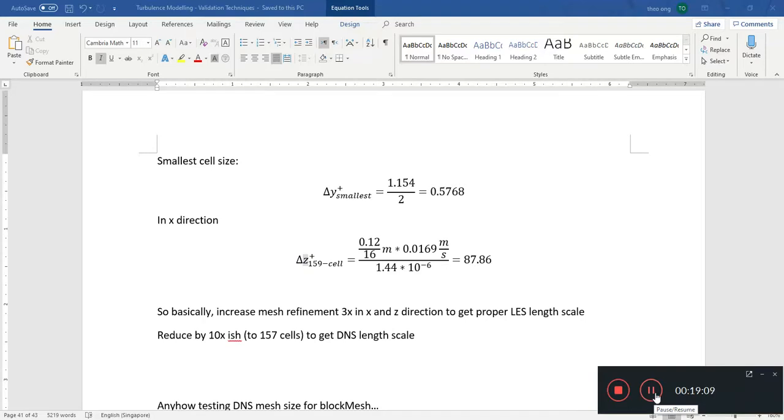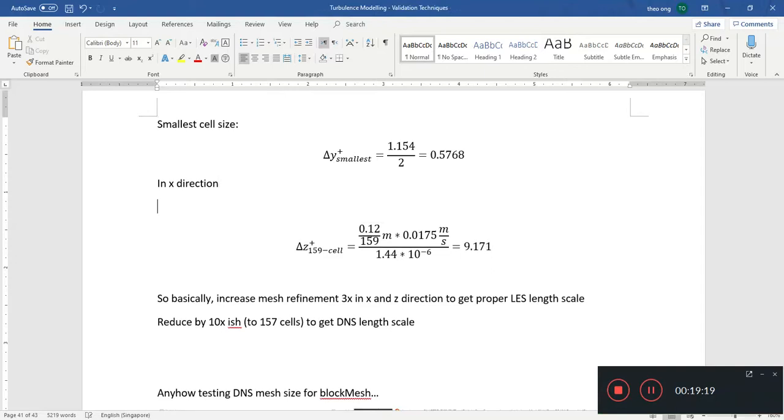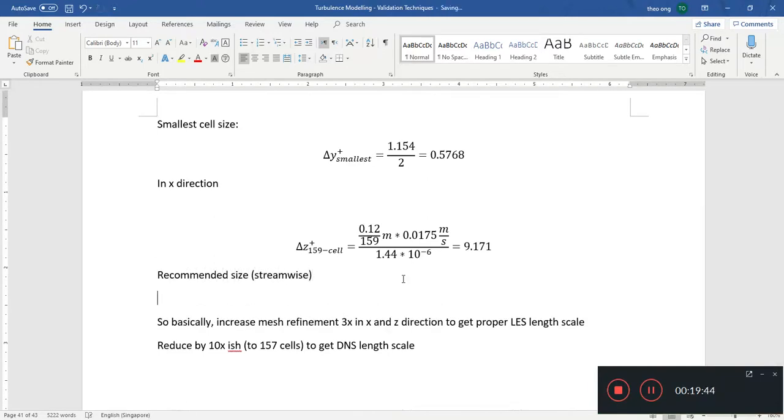If you just punch in the numbers, that will give you about 9.171, which is pretty okay. Maybe you make it 160 and you will drop below 9. Doesn't seem like it. Anyway, your recommended size in the streamwise, which in my case is delta z plus. Some people use delta x plus, whatever.